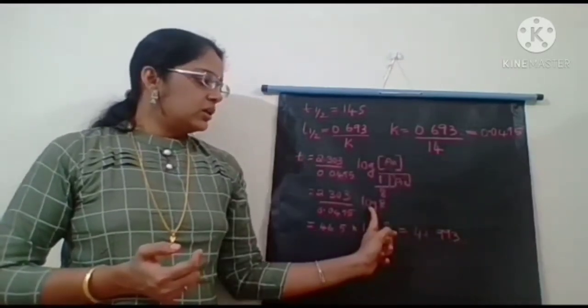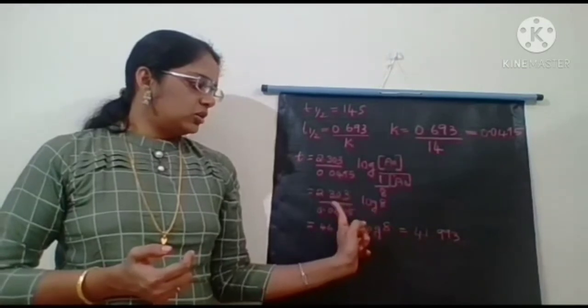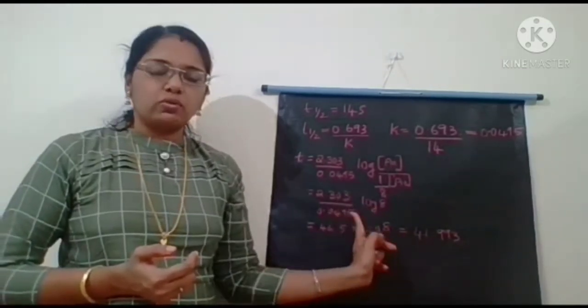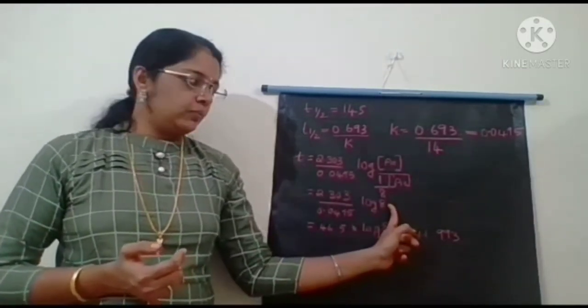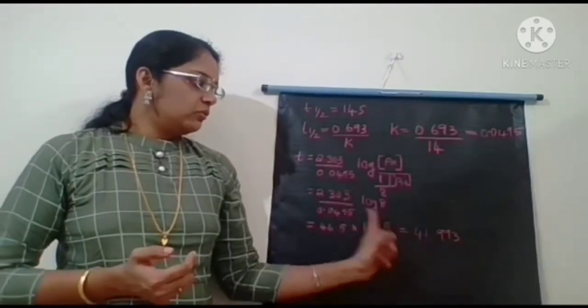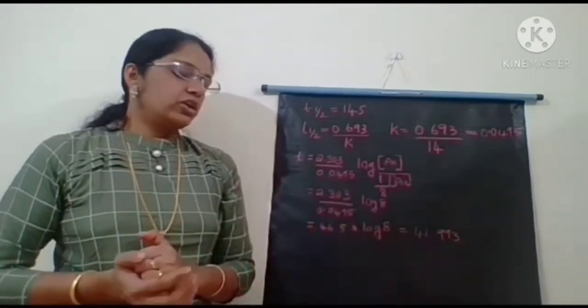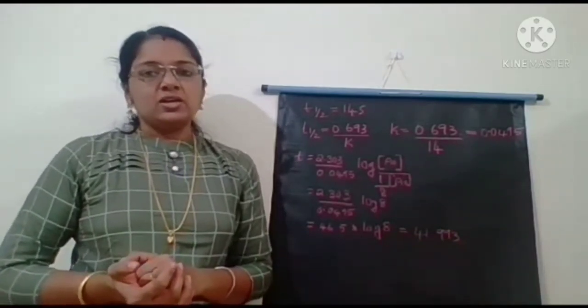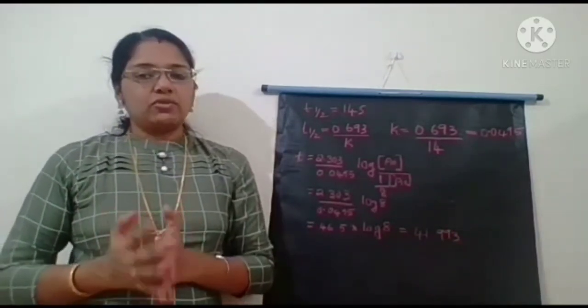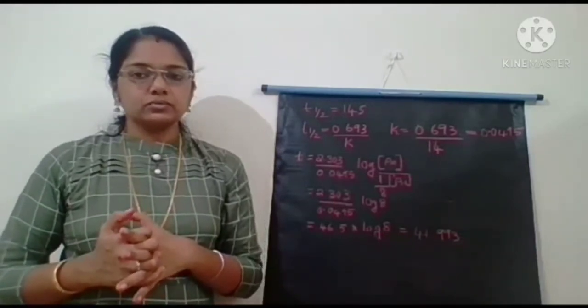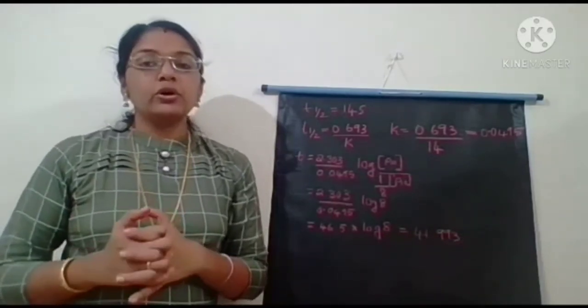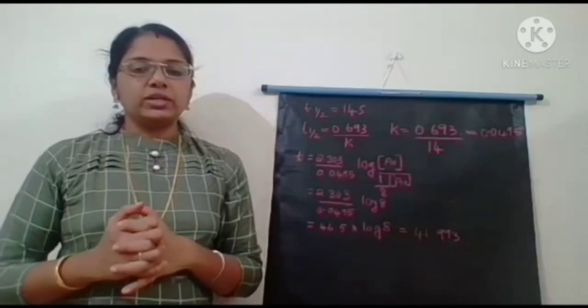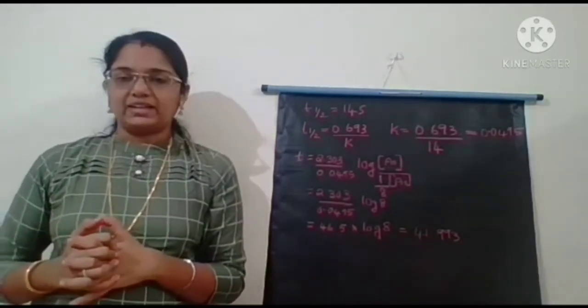So, it will be simplified as 2.303 divided by 0.0495 into log 8. So on substituting the values, we will get the time as 41.993, that is equal to 42 seconds. So this is the way we can find out the time taken to complete the 1/8 of the initial concentration of the reactant.